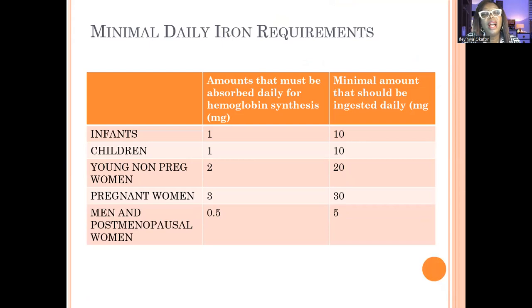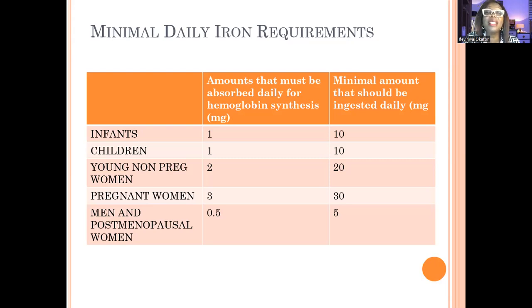Now, there are minimal amounts of iron that you need to absorb daily in order to meet your daily requirement. And for you to meet your daily requirement, you must take a certain amount of iron in your diet daily. Infants need to ingest at least 10 milligrams of iron as part of their diet in order to absorb 1 milligram.